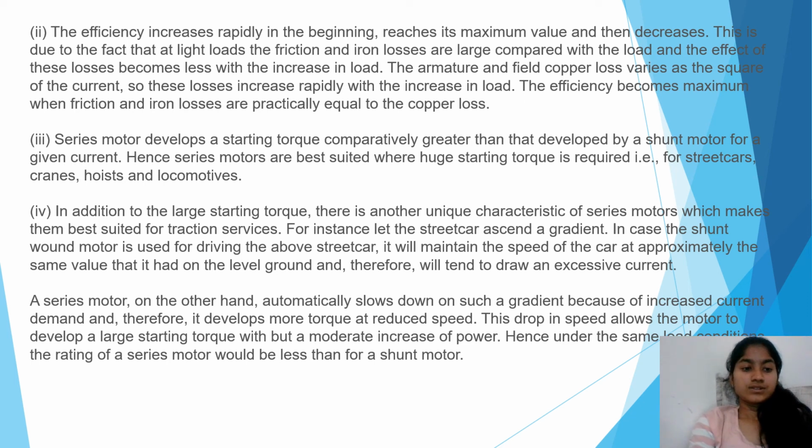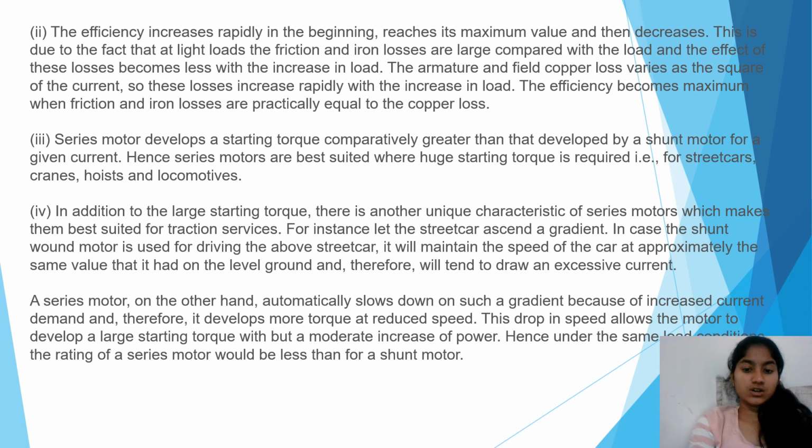In case a shunt wound motor is used for driving the streetcar, it will maintain the speed of the car at approximately the same value that it had on level ground and therefore will tend to draw an excessive current.